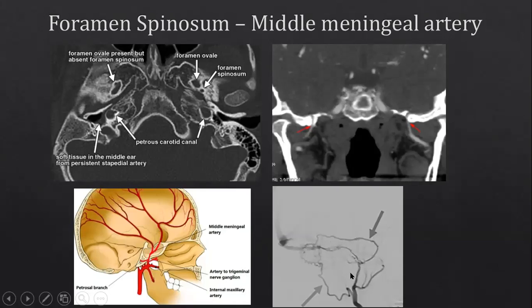So the middle meningeal artery is quite often involved in a significant proportion of fistulas at the skull base. The other relevance of this artery is that as it courses laterally it is vulnerable to trauma, and it is the artery implicated in extradural hematomas in children as a cause of rupture.